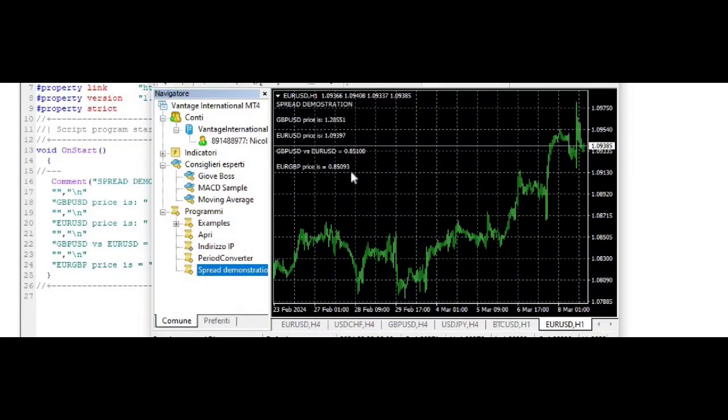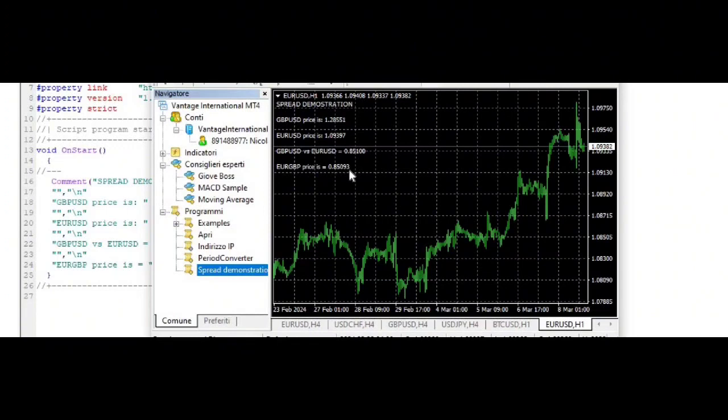Okay, that's the demonstration. As you can see, there is a little difference between the value of EUR/USD divided by GBP/USD and the value of EUR/GBP.